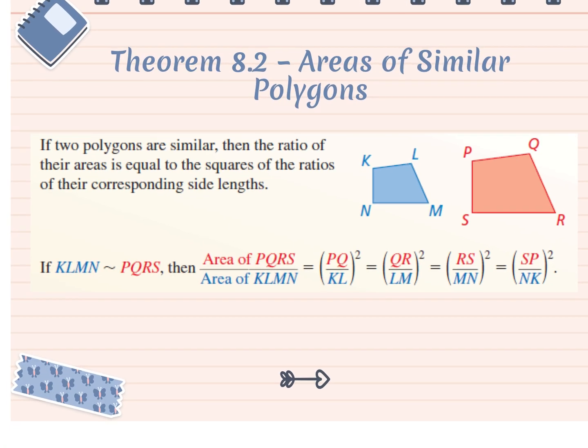So again, don't memorize the number. This is called the areas of similar polygons. So if two polygons are similar, then the ratio of their areas is going to be equal to the square of their corresponding side lengths.